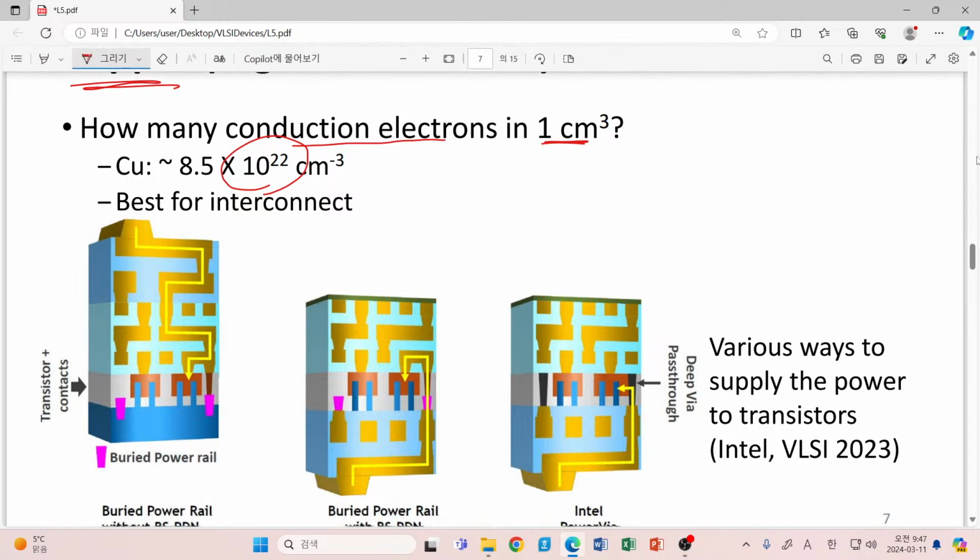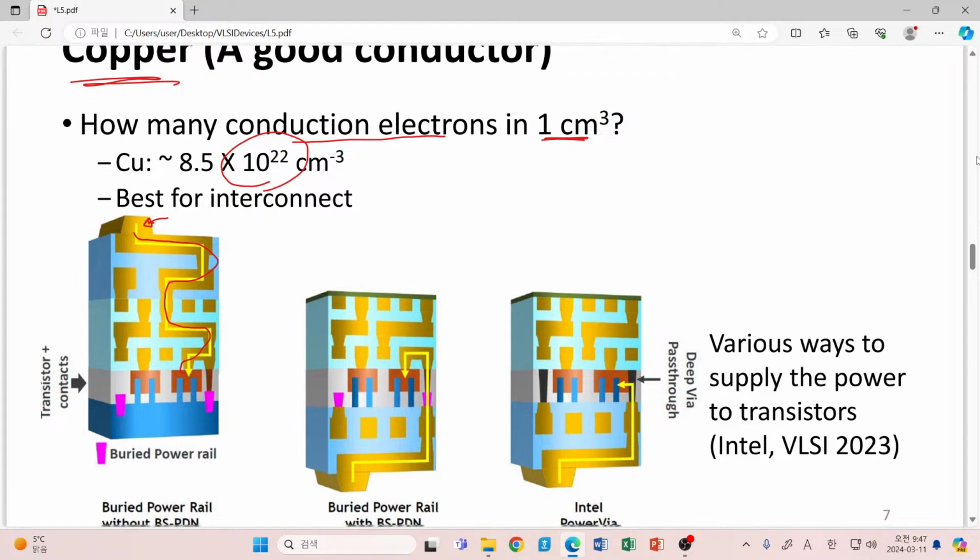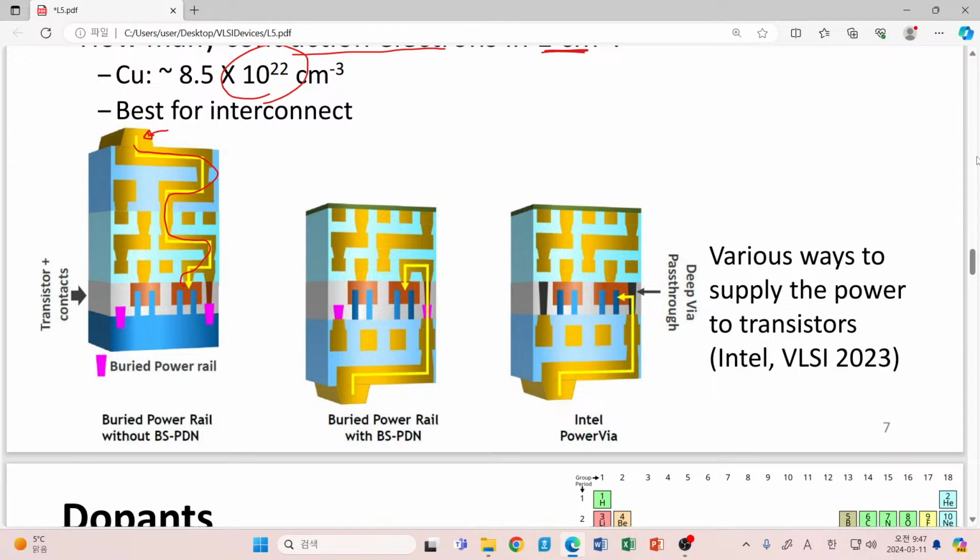So here you can see that this gold colored line is made of copper lines. So right now, where can you find the transistors? Actually, these structures correspond to our transistors.